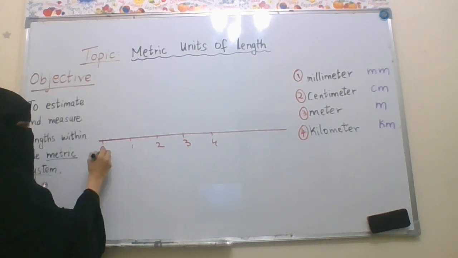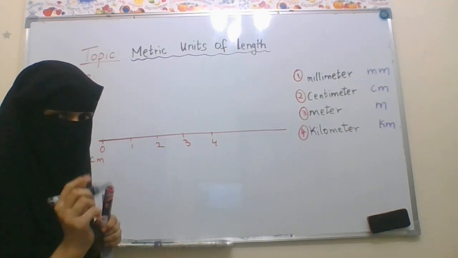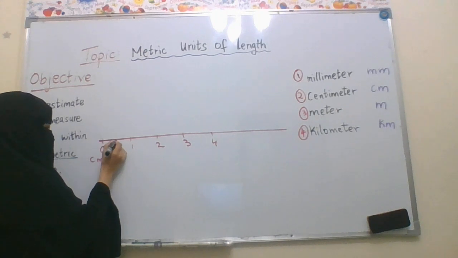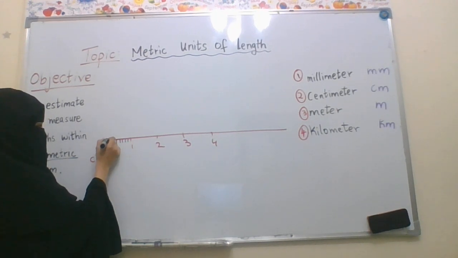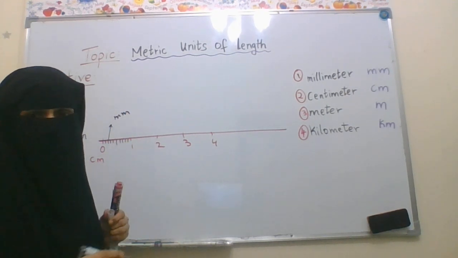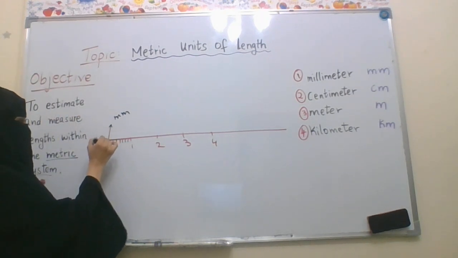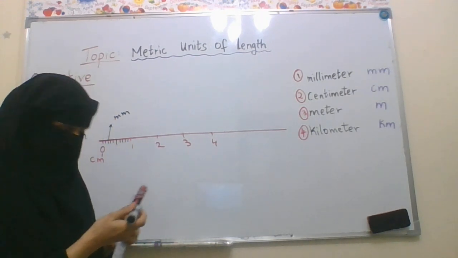And between the numbers, you have small lines. If you see properly, you can see small lines. These lines are called mm, which is millimeters. These are centimeters and these lines are called mm.